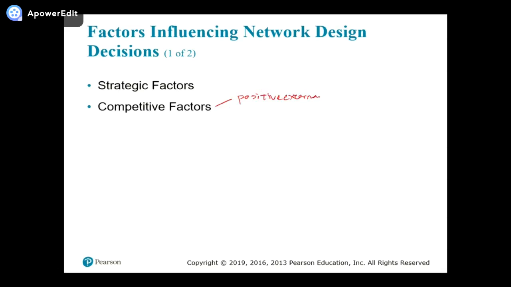So if we have a positive externality competitive environment, then this means we would like to locate our facilities close to our competitors. This is what happens when we see shopping centers, right?